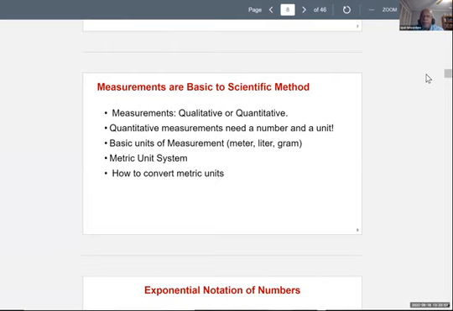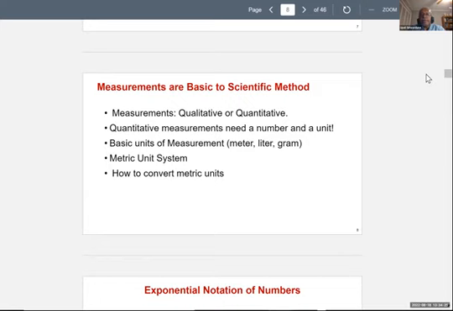I told you why measurement is important to the scientific method. Observations are the first step in the scientific method. So we're going to look into observation, which includes measurements, in detail. Now, a measurement could be qualitative or quantitative.